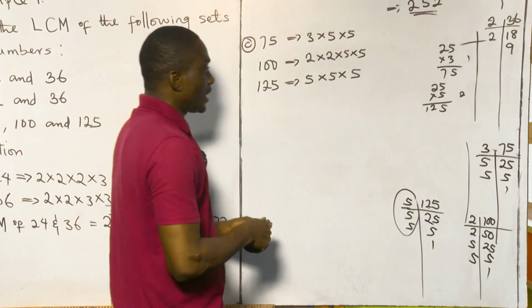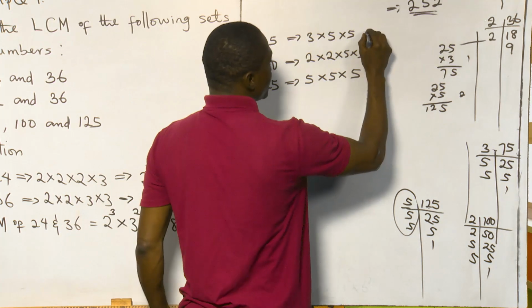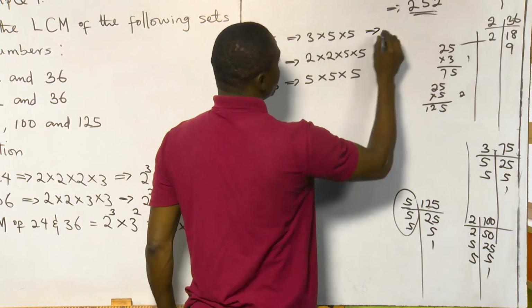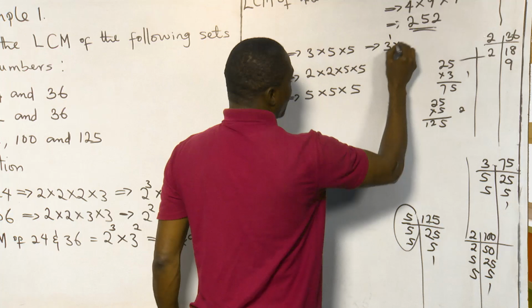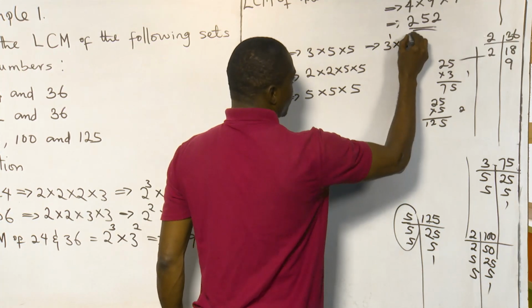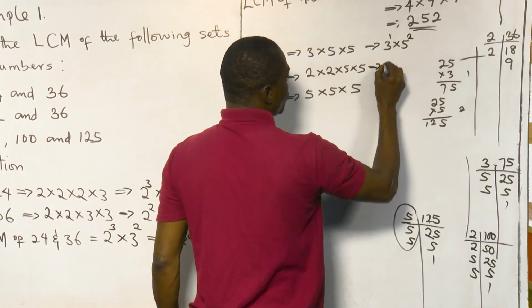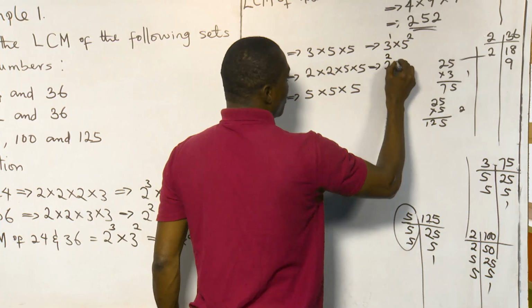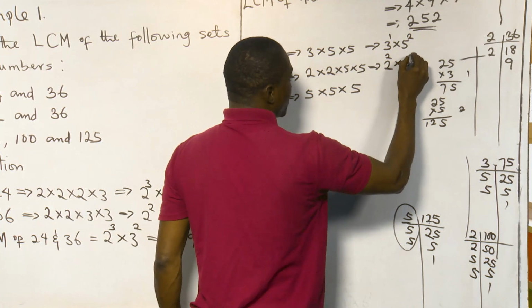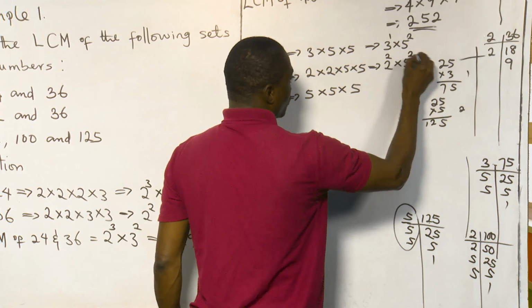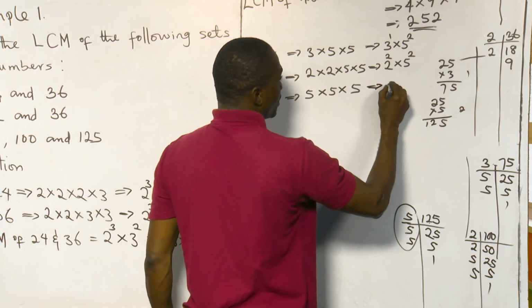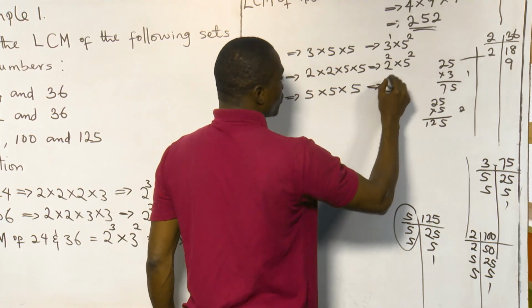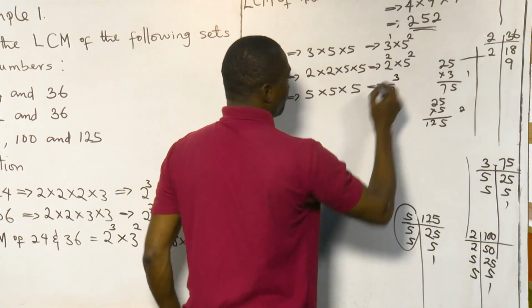And to express this in index form, 75 will be 3 raised to power 1 multiplied by 5 raised to power 2. 100 will be 2 raised to power 2 multiplied by 5 raised to power 2. Okay, and 125 will be 5 raised to power 3.